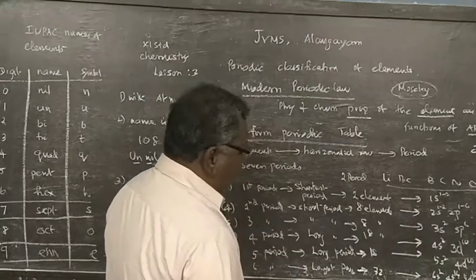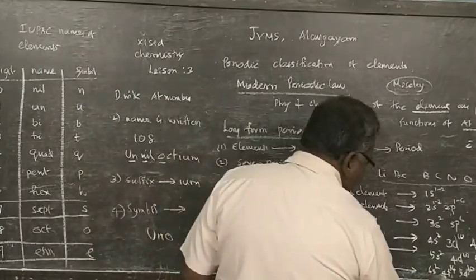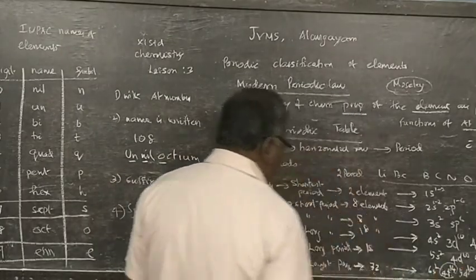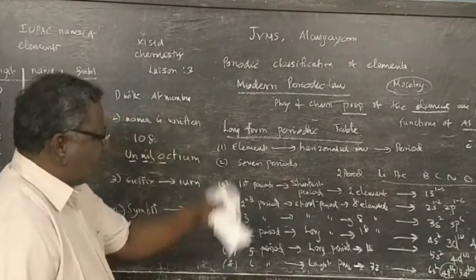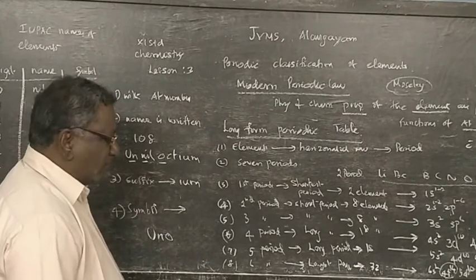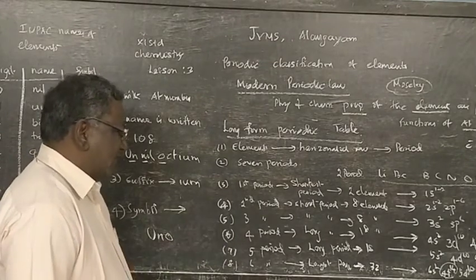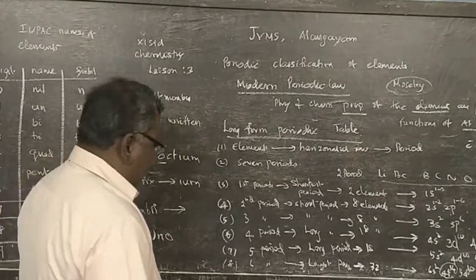So this is for 32 elements. But in these 32 elements, the 14 elements which are present in 4f orbital filling are taken separately and placed at the bottom of the periodic table as lanthanides.